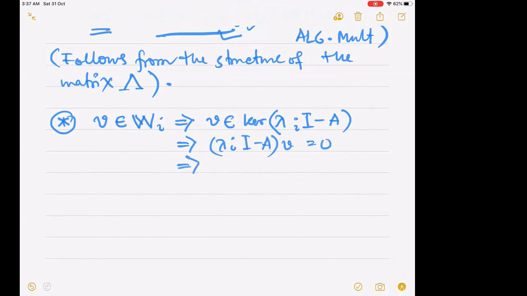This of course implies Av equals lambda i v. That means it's an eigenvector, every non-zero vector.